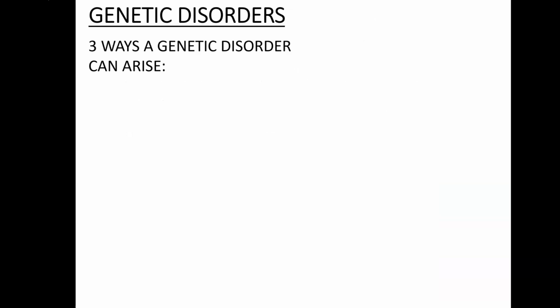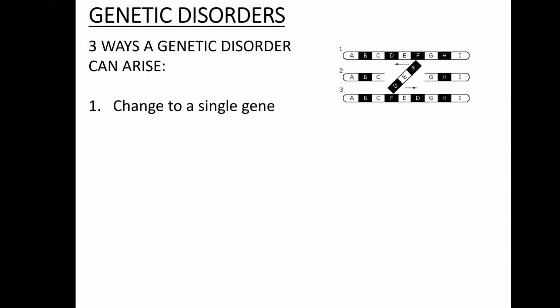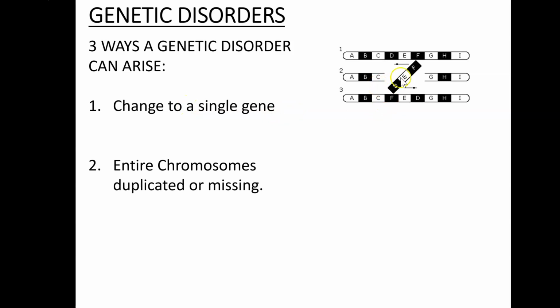So genetic disorders. There are three ways a genetic disorder can arise. The first way is that there could be a change to a single gene. These are sequences of DNA. Sometimes a single nucleotide, this DEF for example, is switched over and it becomes FED.